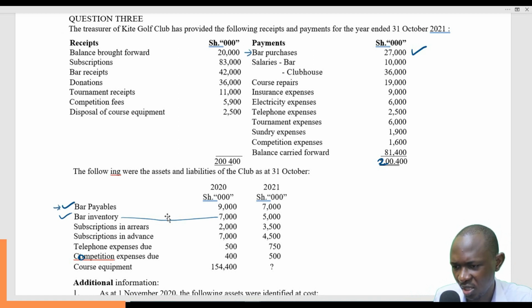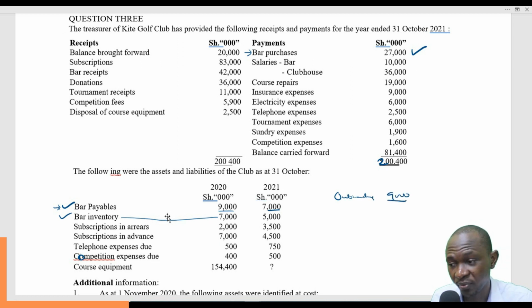There's some working here. This 9,000 was outstanding in the previous year. If you go with the accrual concept, this 9,000 was outstanding for 2020, so that has nothing to do with this year. And this 7,000 is outstanding in 2021, so it has everything to do with this year.